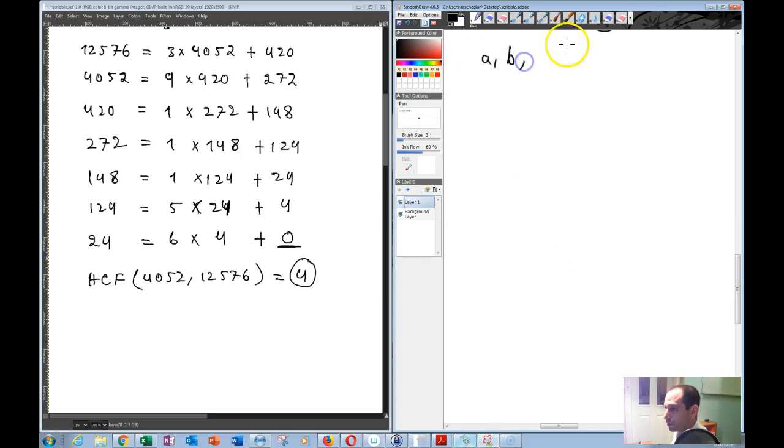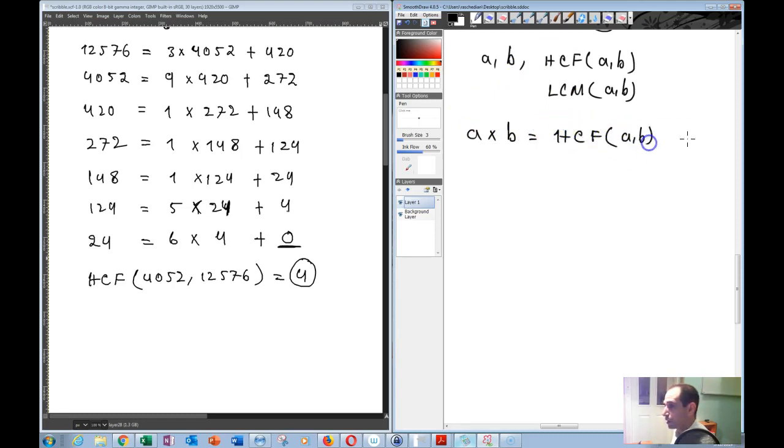If you have two numbers A and B, the relationship between these four is that the product of those two numbers is equal to the product of the HCF of those two numbers and the LCM of A and B. So that means that if you have the two numbers and the HCF of those two numbers, then you can simply calculate the LCM of those two numbers.